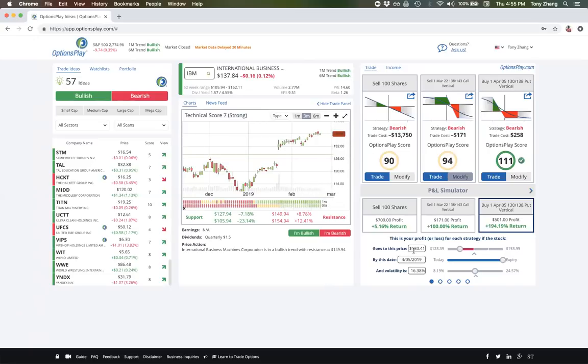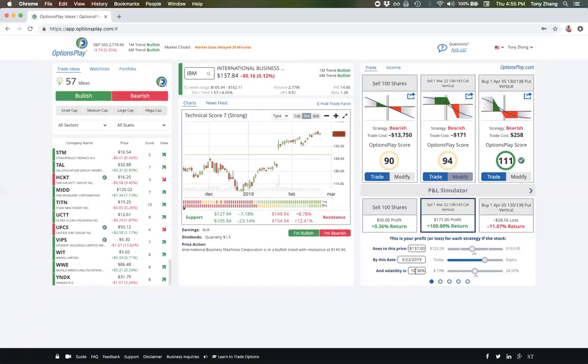So what happens if I think the stock's really just going to sit around 136, 137, and we'll put an expiration date on the March 22nd date, which is the first expiration date of these two strategies. As you can see, if the stock stays around 136, 137, if I had bought a debit spread, and keep in mind, IBM's implied volatility right now is quite low.